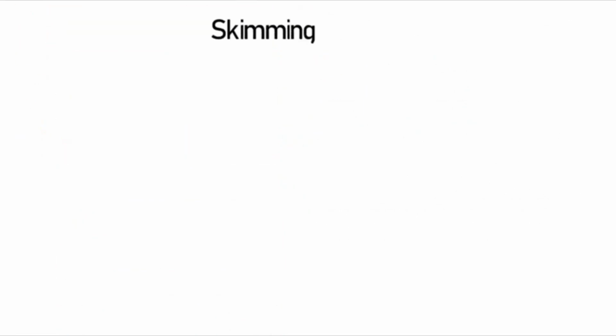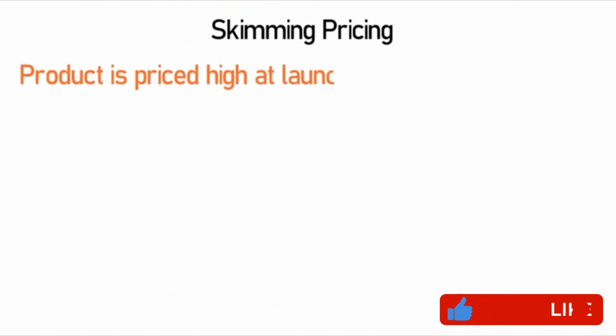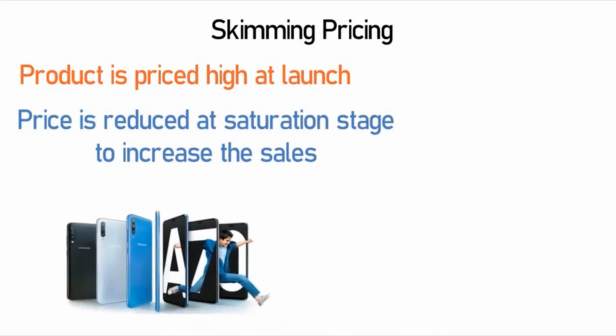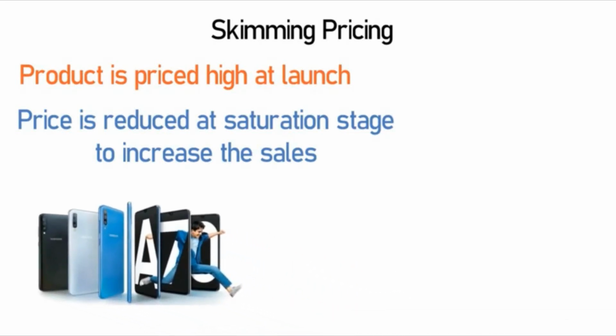The fourth type of pricing strategy is called as skimming pricing. In this strategy, the product or a service is priced relatively high at the time of the introduction or launch. In skimming pricing strategy, the price of the product is high initially and after some time the price is reduced to increase the sales when the product is in saturation stage. For example, Samsung Mobiles uses the skimming pricing strategy to price their product lineup.